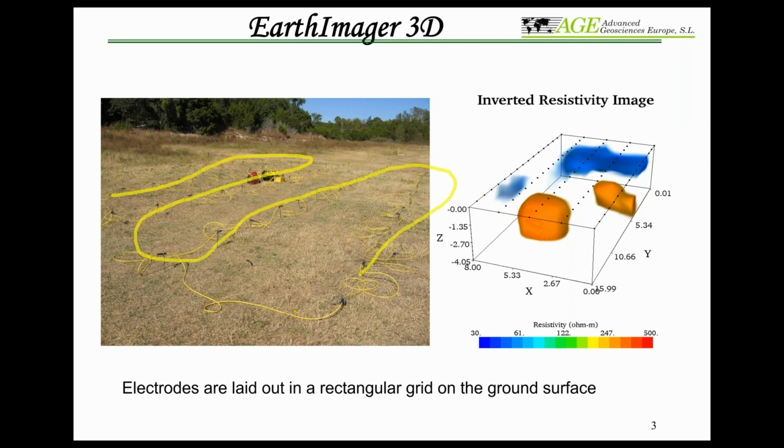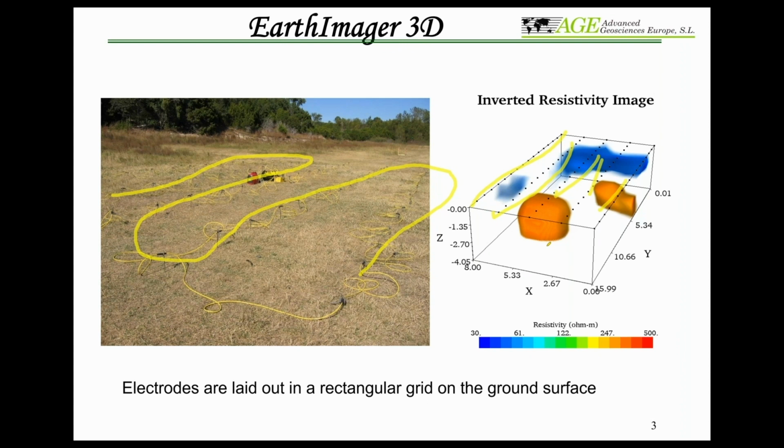So this is typically a 3D layout, like a regular grid. You can do a rectangular or square grid; it's easy to do in the field. So that's what we call the rectangular grid on the ground surface. It's also showing here 1, 2, 3, 4, and 5 lines. Of 5 lines is a combination. You can also do these lines separately and then combine them to make a 3D.